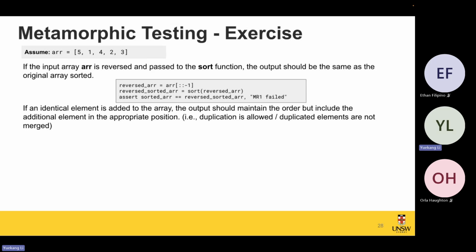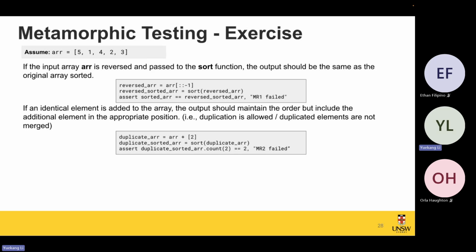And the second one is if we insert an identical element, then it shouldn't be merged. Which means that we can duplicate a random element here, and then this duplicated value should appear twice, and shouldn't be merged.